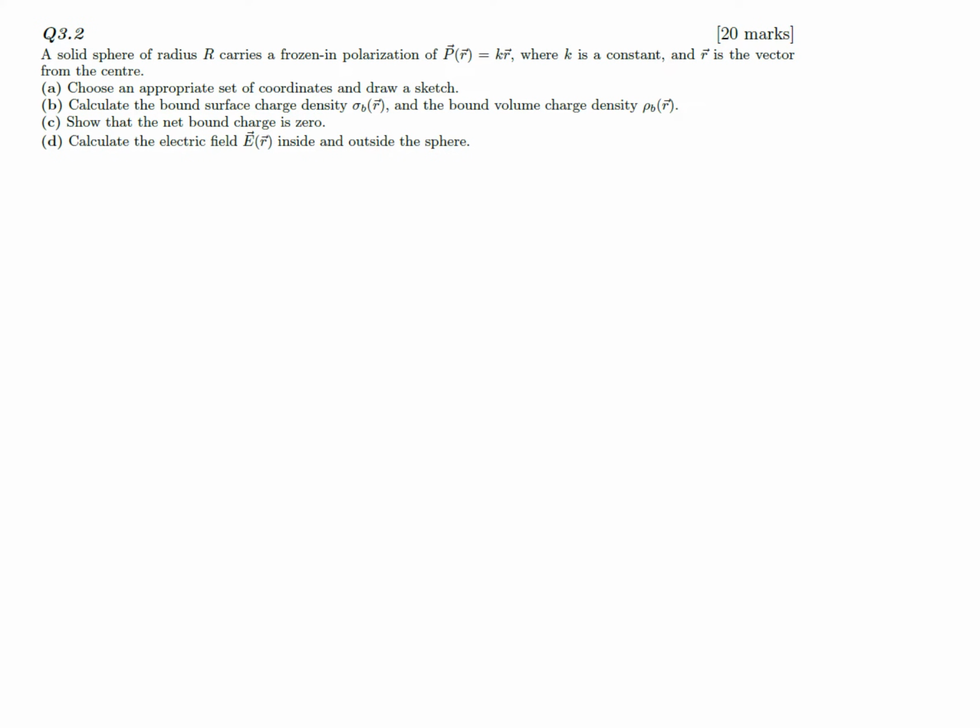Part D, calculate the electric field inside and outside of the sphere. We have spherical symmetry in the problem. So the electric field is already something that we can write down in this form. The electric field at a point r in space can only be something in the r direction because of the spherical symmetry.